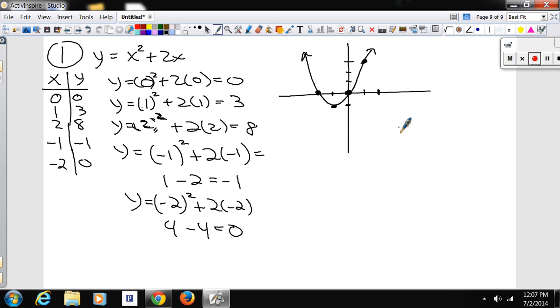What is number 2 going to look like? It's going to be an N-shaped curve for number 2. So let's look at 2.